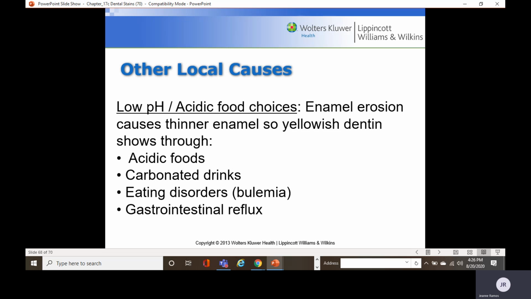So enamel erosion causes thinner enamel, so the yellowish dentin shows through, also from acidic foods. That can all happen when you have a low pH, through eating acidic foods, carbonated drinks, eating disorders like bulimia. Anyone who vomits a lot will usually have the linguals of their teeth eroded off. Or they could have gastrointestinal reflux, and so it's coming up that way.